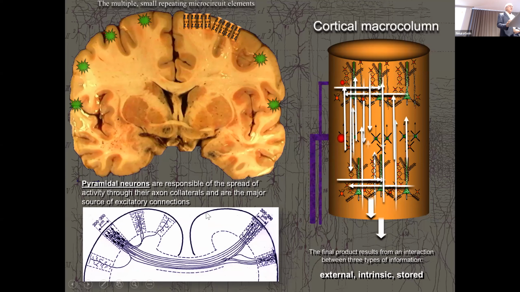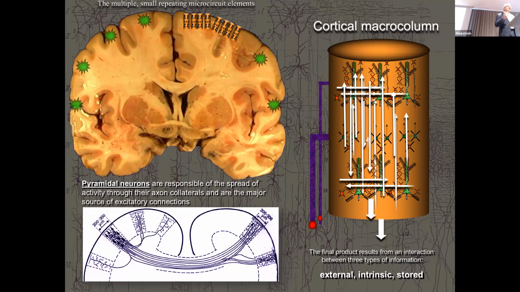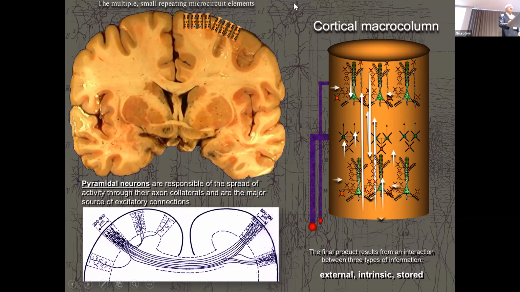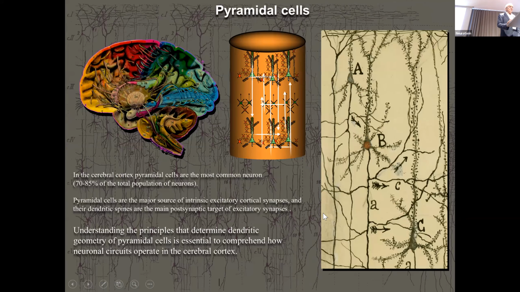So the pyramidal neurons are responsible for the spread of the activity through the axon collaterals and are the major source of excitatory connection. This is a very important concept. So all these activities of the brain have to go through the action of pyramidal neurons. The pyramidal neurons, we will see in the next slides, are the main type of cortical neuron that represent about 70–80% of all cortical neurons.